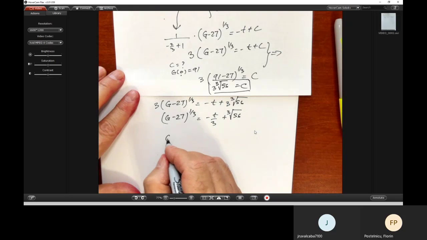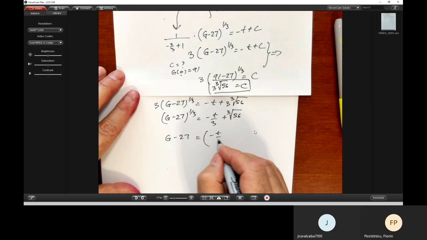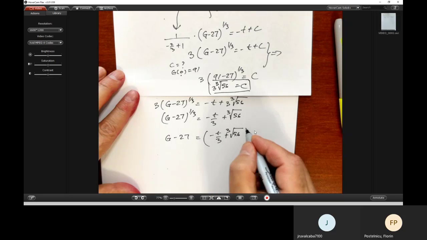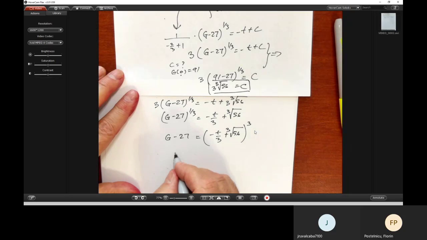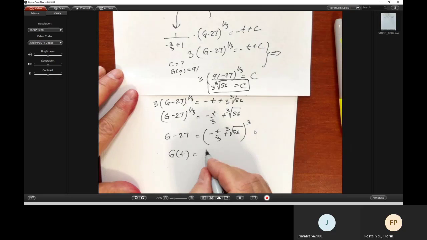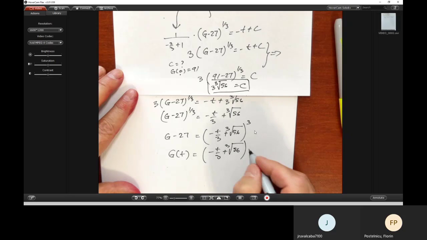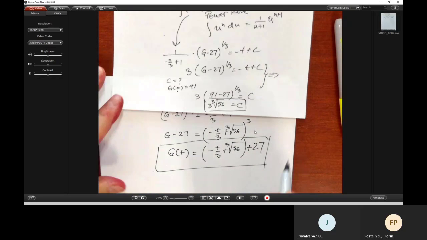Now, just g of t, I will add 27 to that cubic term, I'm sorry, negative 2/3 t plus cubic root of 54, everything to the third power. Don't forget the third power for the cubic root. And yeah, I will have that. So I still need to put the power right there.